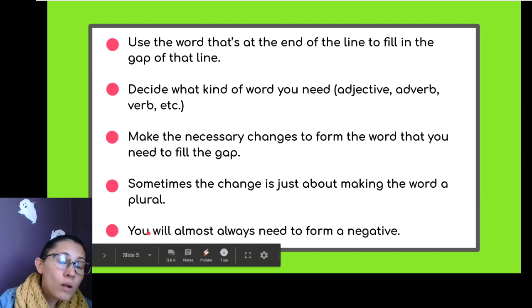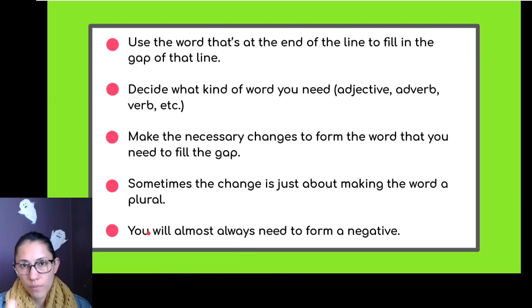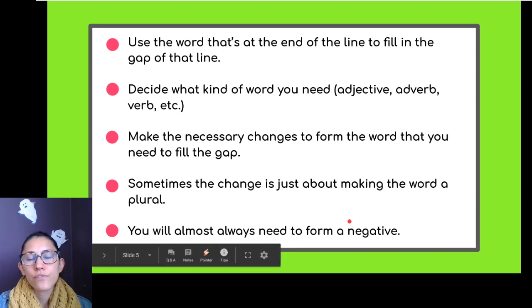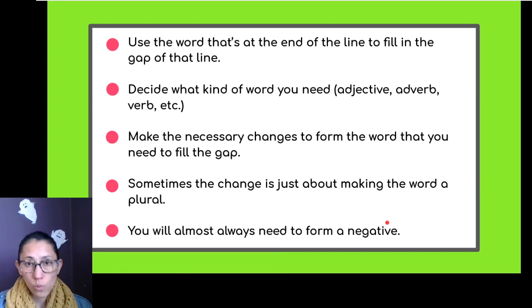And almost always, 99% of the times I have solved these exercises, you need to form a negative word, whether it's a negative adjective, noun or verb, but almost always, because of the exceptions that may occur.